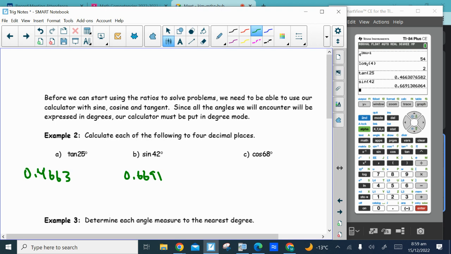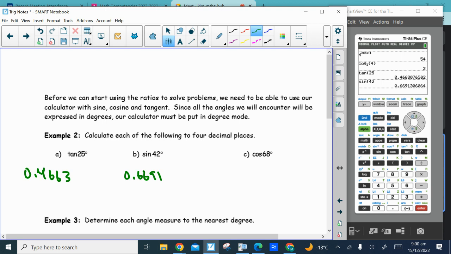So let's see if we can change that. And when you do the tan of 25, did it do the same thing? Yeah, it did round it.